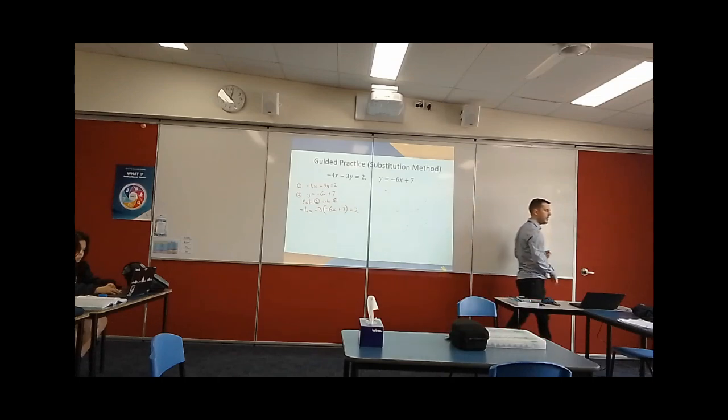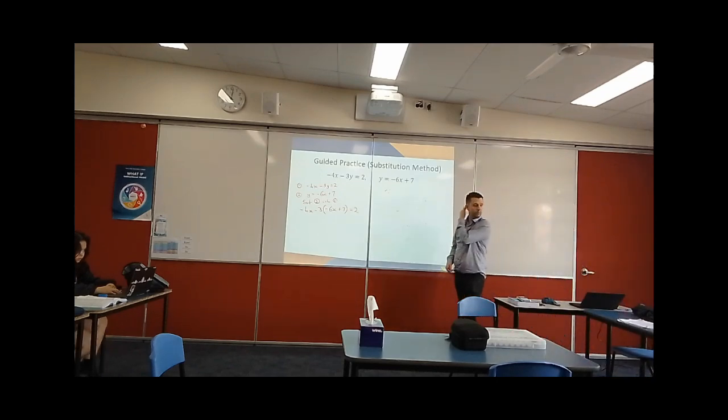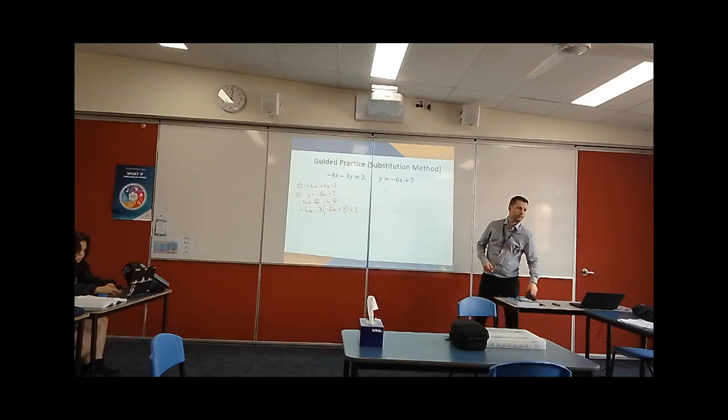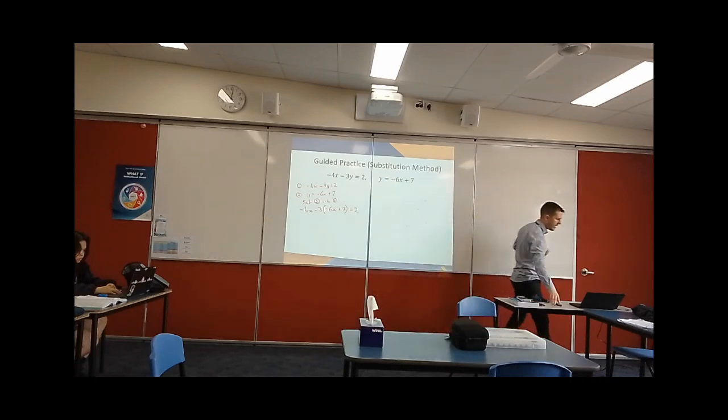And then we're just solving, like we did yesterday, for the value of x. I'm going to call on you guys now to help me out with solving this in a minute.